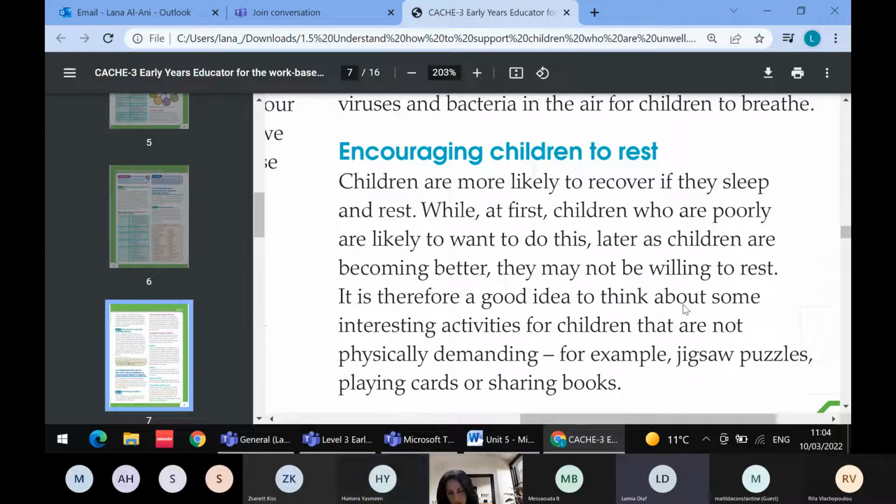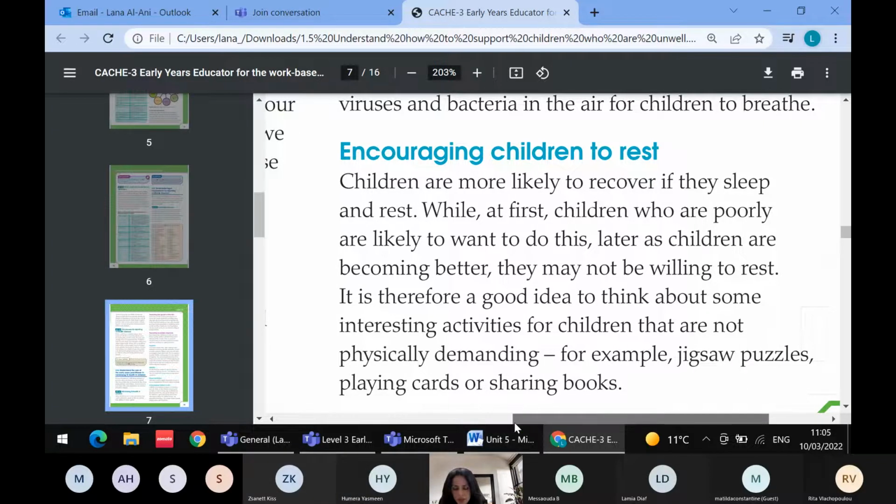Give them some activities that are not physically demanding, like just a jigsaw or playing cards or reading books. Any activities might get them going, but not too much. So they need to rest, but in the meantime, we encourage them to do some movement to encourage their circulation. Very good.